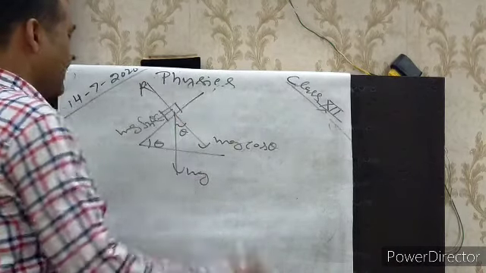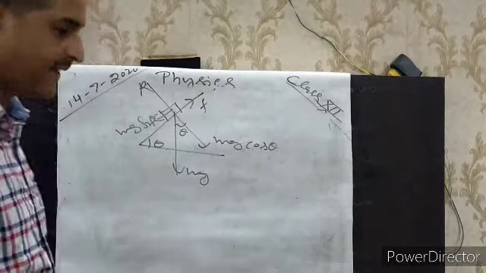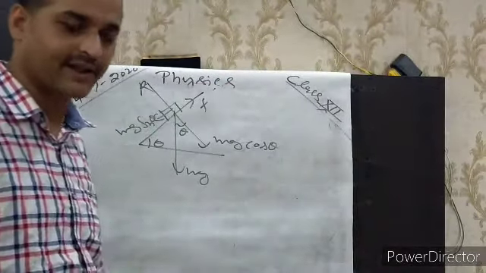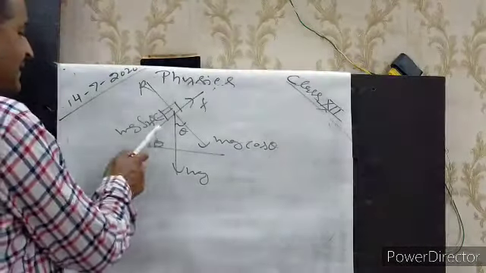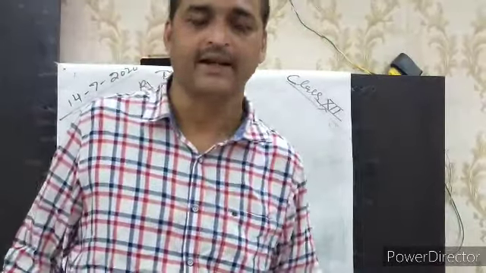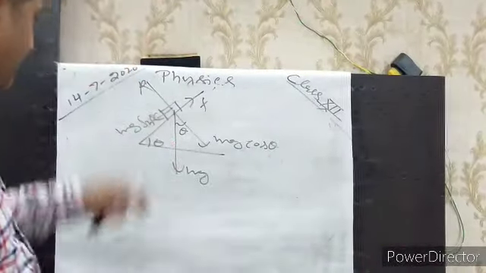This one is normal reaction R, and the friction in the opposite direction F. Is it clear? Because the body will move due to mg sin theta in this direction, friction will act in the opposite direction. And since theta is less than theta c, the body is not moving, because we know that angle of repose is that angle at which the body just begins to slide, and if it is less than that, it is not moving. So this is the case.